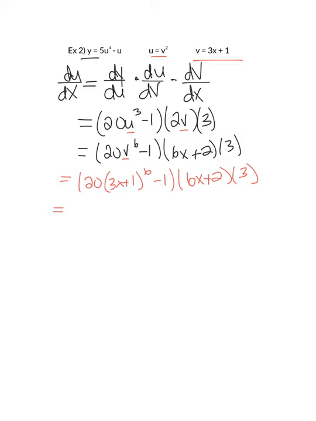Now I'm going to go ahead and multiply this 3 in here just so that it looks a little bit nicer. 3x plus 1 to the 6 minus 1 times 18x plus 6. My derivative at this point is done. I'm not going to expect you to go any further than this.